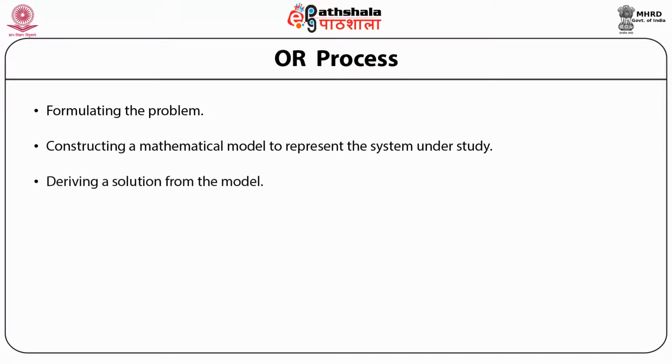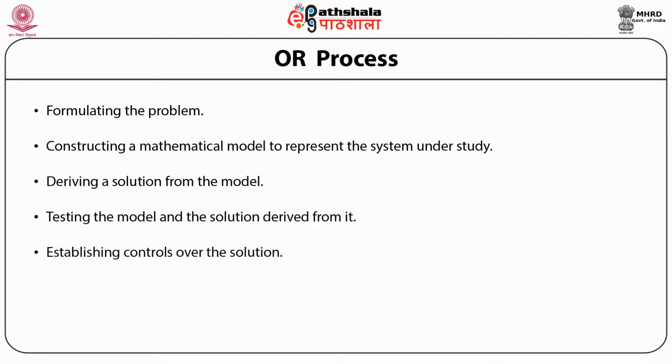Thirdly, deriving a solution from the model. Fourthly, testing the model and the solution derived from it. Next is establishing controls over the situation. After the situation is under control, putting the solution to work, which is referred to as implementation. And the last step in the OR process is the feedback.